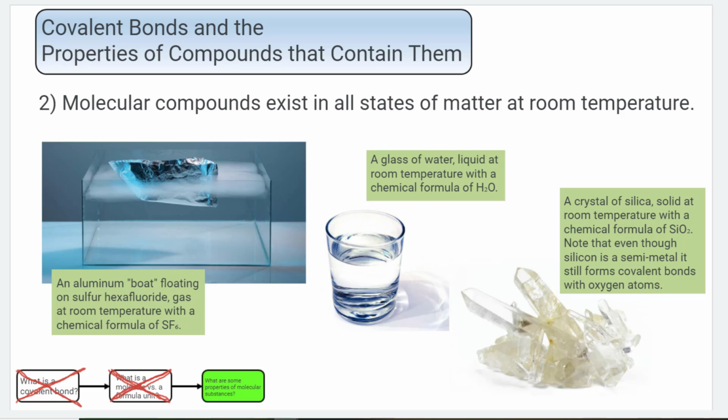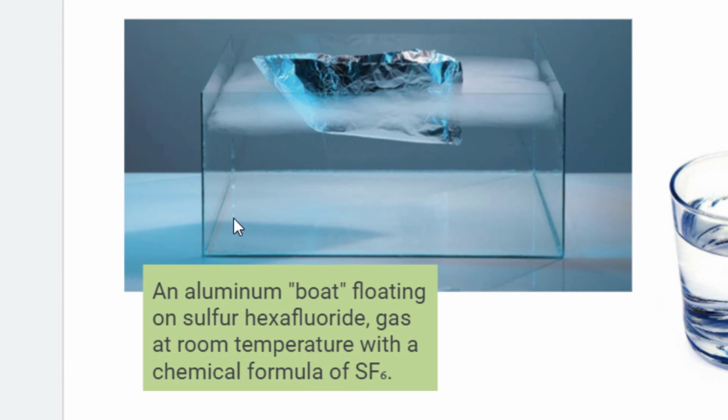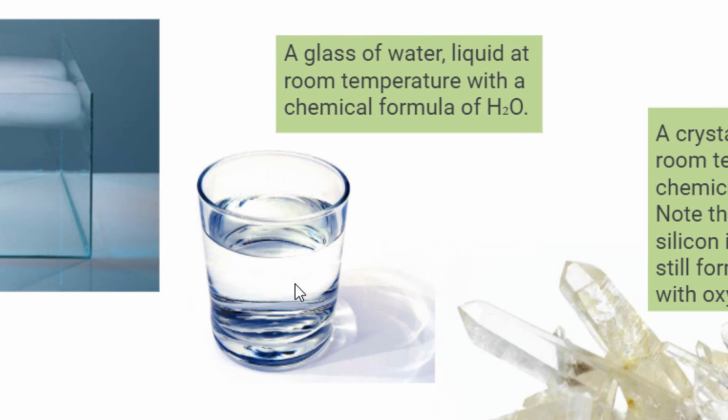Molecular compounds exist in all states of matter at room temperature, whereas ionic compounds were typically a solid at room temperature. So this first picture shows an aluminum boat floating in a sulfur hexafluoride gas at room temperature. Sulfur hexafluoride is a very dense gas. We have a glass of water, which you're very familiar with.